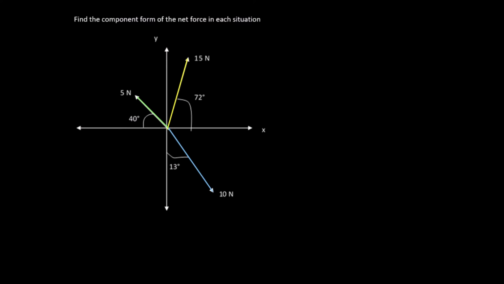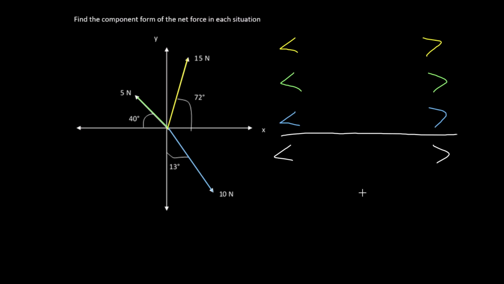I need to find the component form of the yellow vector, the green vector, and the blue vector. Once I find all those component forms, I can add them together and find the component form of the net force. So that's your first little hint there. See if you can figure it out now.